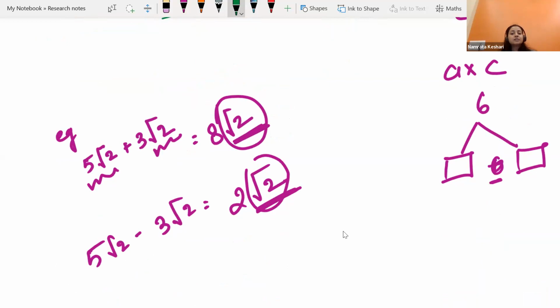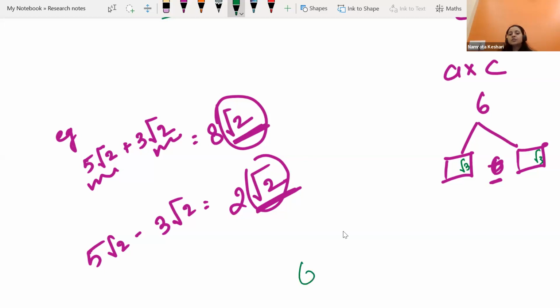When we are breaking this 6, the first factor must contain root 3, the second factor also must contain root 3, and along with root 3 any other number can be there, it's fine, but root 3 must be reflecting in both, then only we will add or subtract both of them and the result will have root 3.